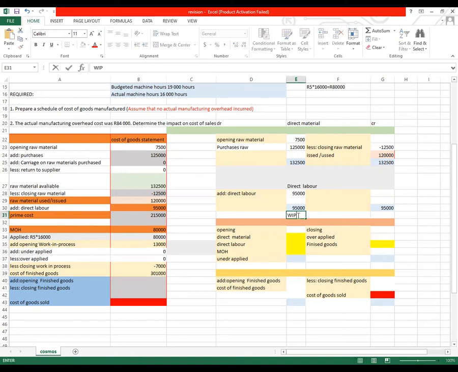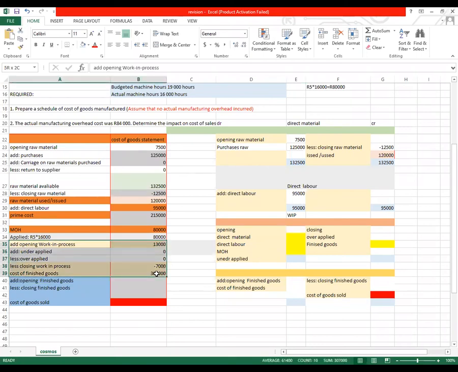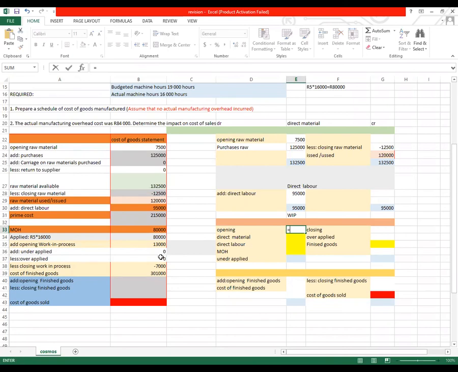I do this in T account. I repeat everything using T account. From here, I'm going to use T account. If you are comfortable with T account, our opening is this.